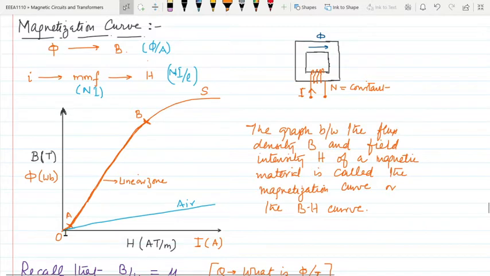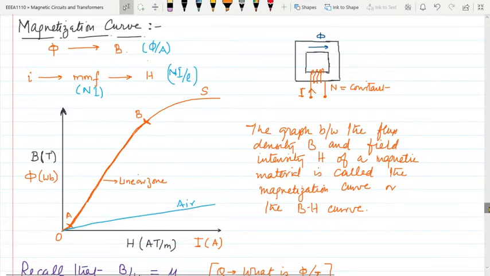What is happening, we will see a bit later on. First of all, we will discuss the materials, then we will go on to that part. So basically here we see that the graph between the flux density B and field intensity H of a magnetic material is called the magnetization curve or the BH curve.